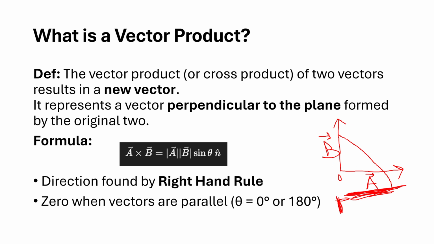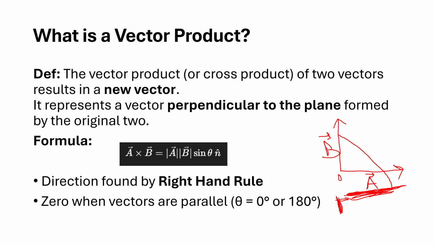So the thumb will show the direction of this product. The direction of this vector will be out of the page. If we curl the other way, from there to here, then the direction of the vector product will be inside the page.